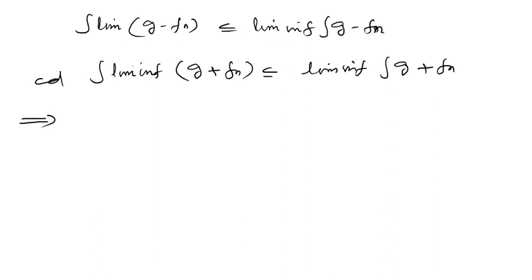And since this sequence fn is a convergent sequence, it converges to f, the limit inferior is the same as the limit. This implies the integral of the limit inferior of g, which is independent of n, is g, then minus the limit inferior of minus fn, which is equal to minus times the limit superior of fn.